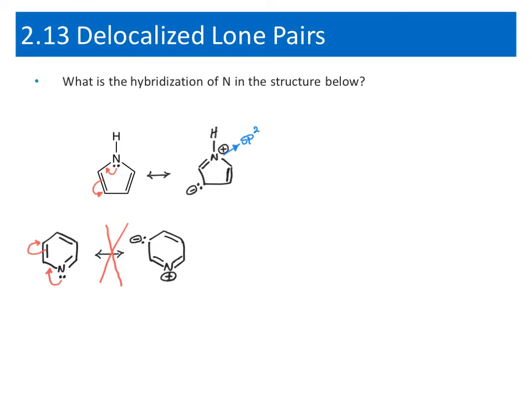Now, why is that? This lone pair of electrons actually resides in an sp2 orbital, not in a p orbital in pyridine.